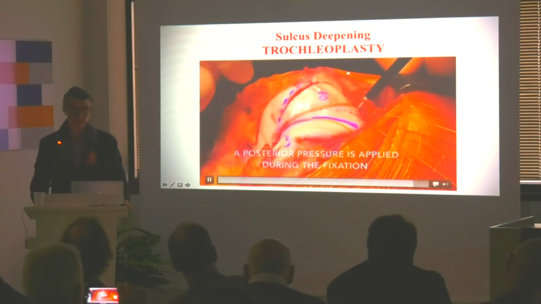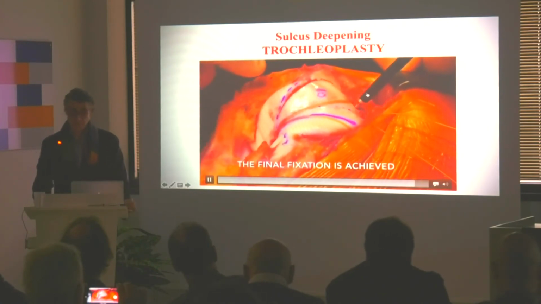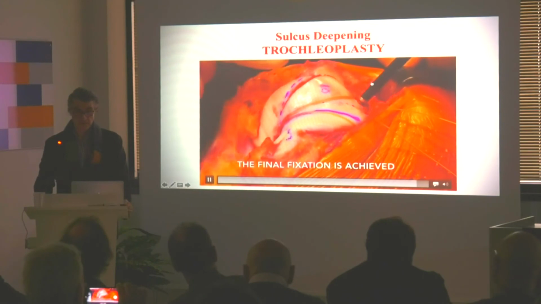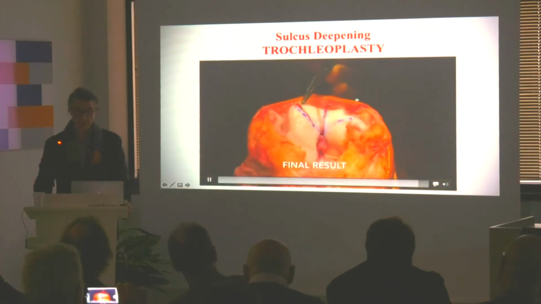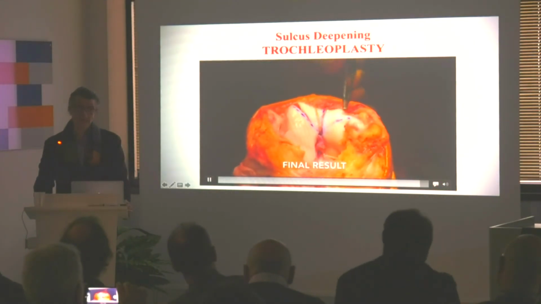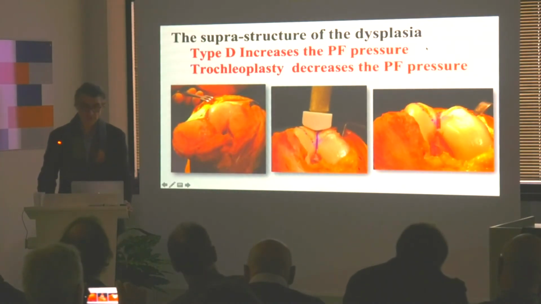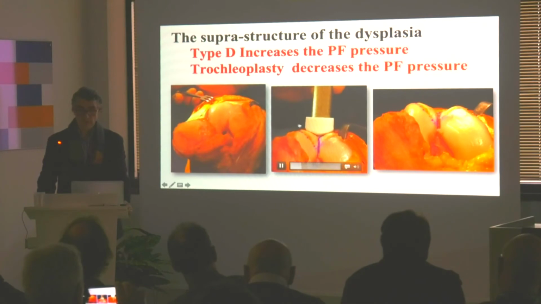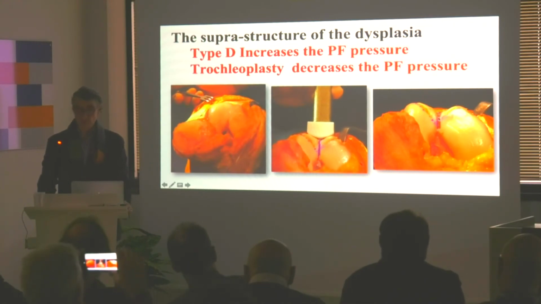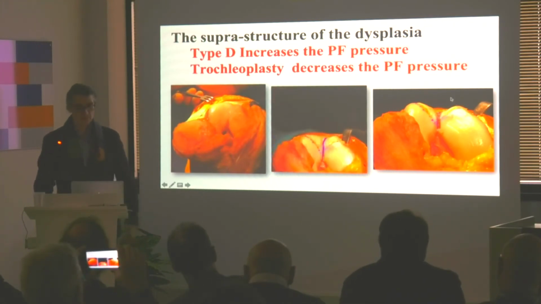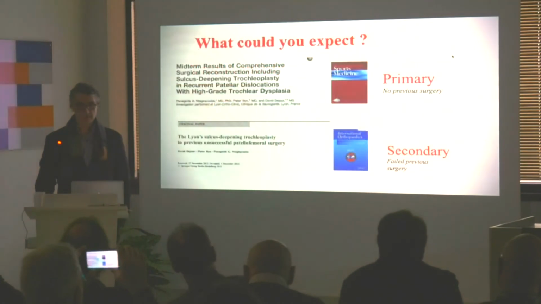And then you fix the trochleoplasty. So at the end, you will end up with a nice trochlea with no more bump, which is the goal for sure. So this is pre-op and per-op and the final trochlea. So you see that you really correct the shape.